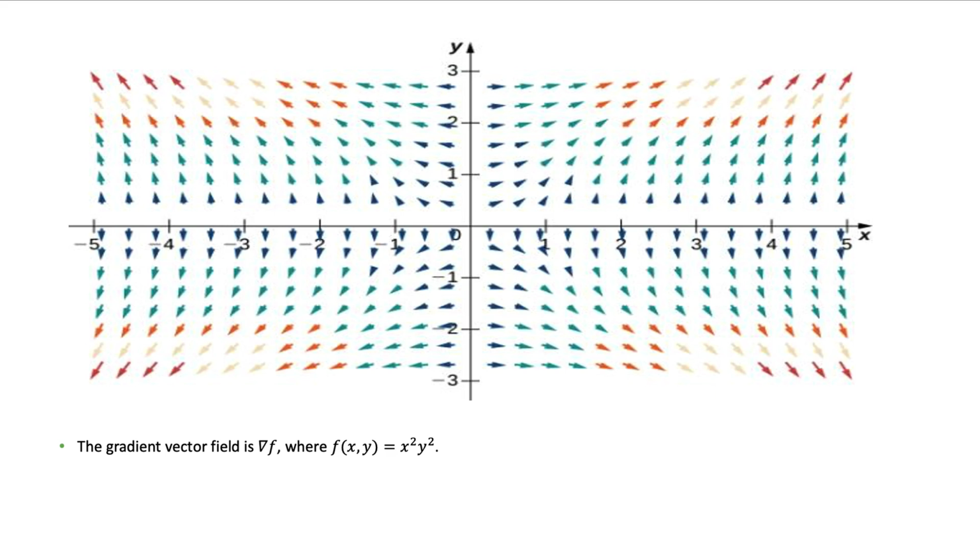There doesn't necessarily exist for a general field a scalar function f such that the gradient of f actually induces that particular field. But when we do have that situation, we say that we've got a gradient vector field, or we shall see later why we use this term conservative field.